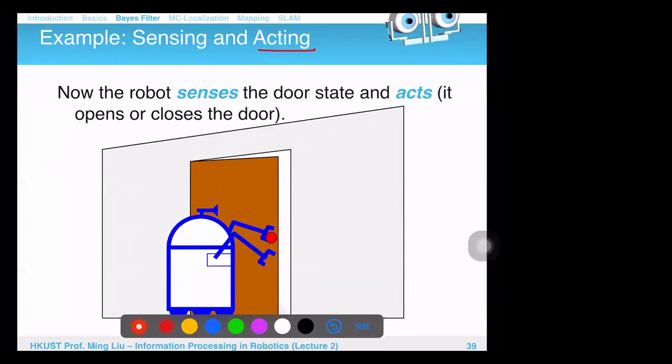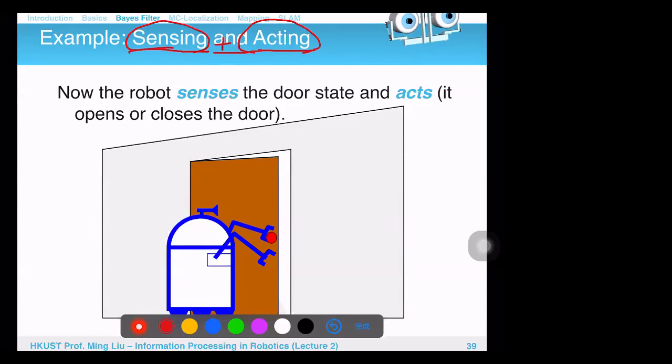We want to combine the sensing and action together. Only sensing is an observer. For robots, it's different than a game, because you finally need to act on the real world. So how can we combine acting with the sensing? This is the second topic we will discuss today.